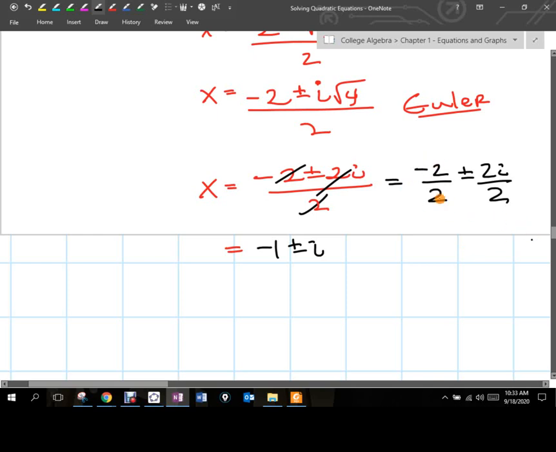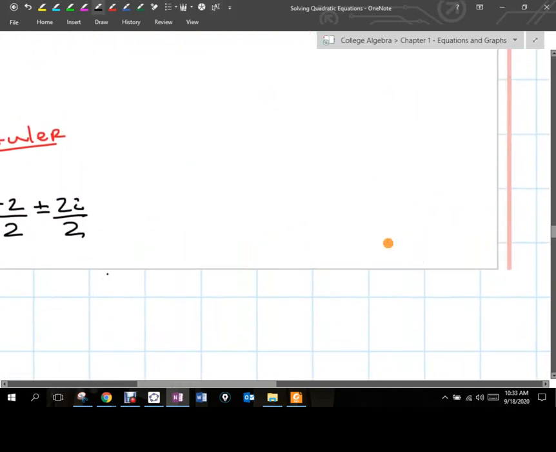Do these two cancel then? Do these two cancel? Okay. So what if I had something like, let's go 3 plus or minus 6 radical 2 all over 2. Can I just cancel there and put a 3 there and say 3 plus or minus 3 radical 2? Does that work?